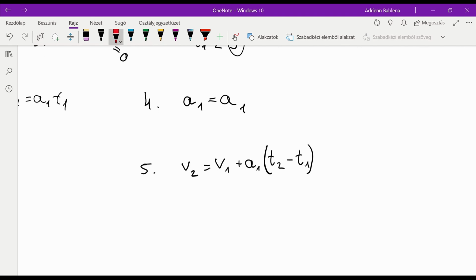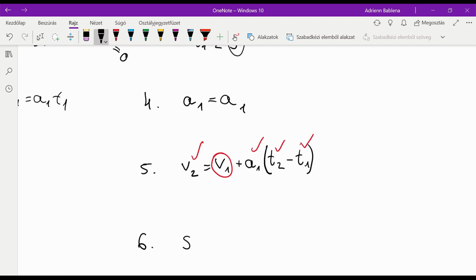Okay, what we know? We know T2, we know T1, we know A1, we know V2. We have only one unknown parameter, so we can use the fifth equation for something, but let's finish our equations.